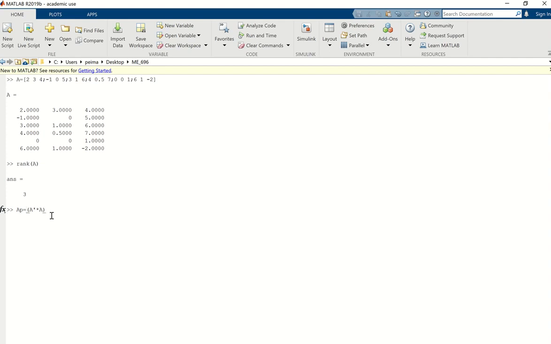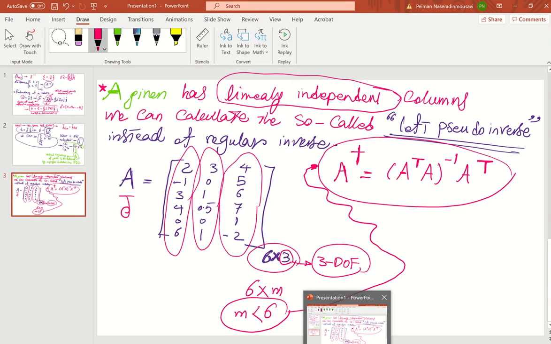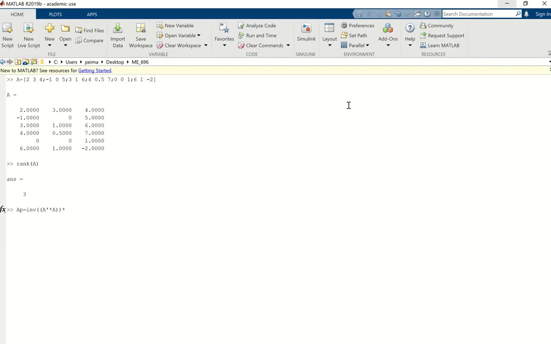And you know that in MATLAB we write the inverse by inv. And again multiplied by A transpose, as I wrote here. I'm just writing this in MATLAB. Here we go. This A plus is now the left pseudo inverse.